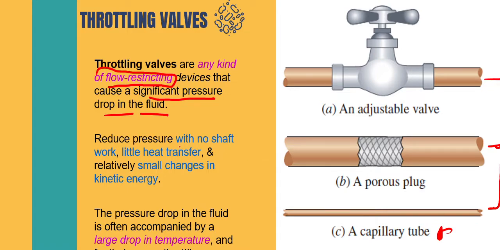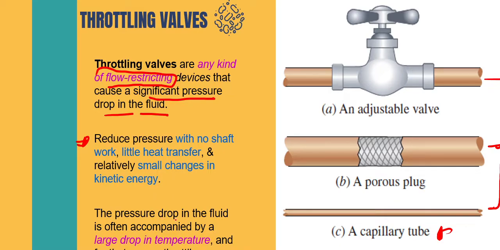Okay, it reduces pressure with no shaft work, little heat transfer, and relatively small change in energy. So this is the common assumption for a throttling valve: no shaft work, little heat transfer, and small change in kinetic energy, so it can be neglected.